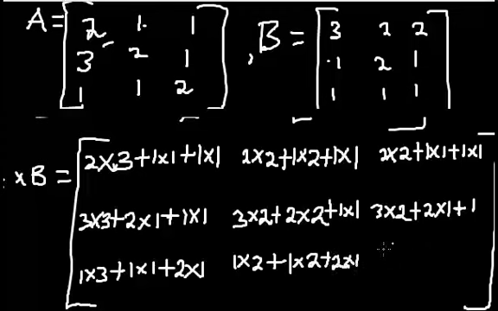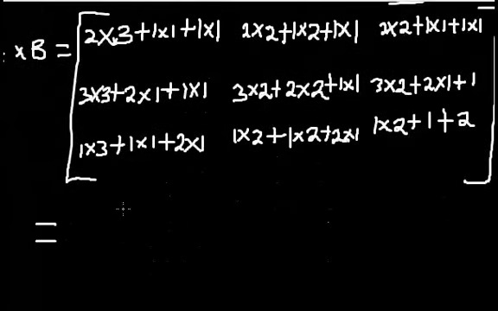Okay, so finally 1 times 2, 1 times 1, which of course is 1, then 2 times 1, which is 2.